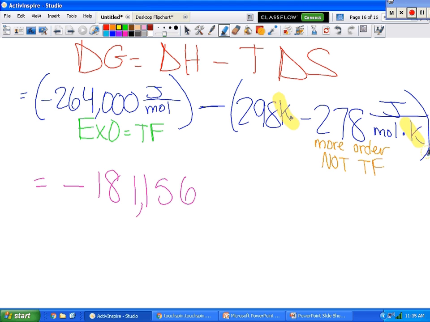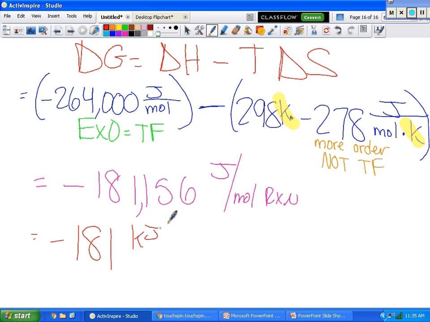But remember, we're dealing with joules per mole of reaction because it's delta G. Two questions. Number one, is that the correct number of significant figures? No. Second, is that the best format to write it in? No. Here's what I would do. I would convert this to negative 181 kilojoules per mole of reaction.